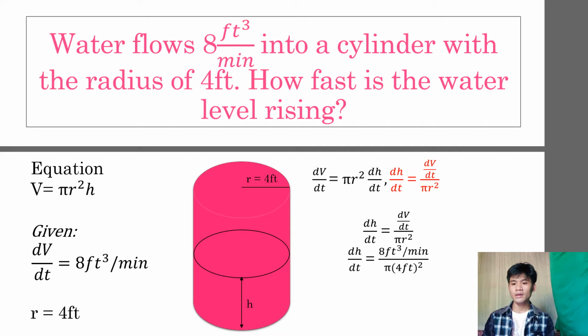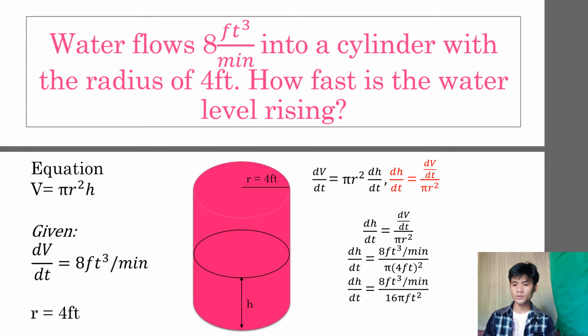So just plug in those values. We have dh with respect to time equal to 8 cubic feet per minute all over pi times the quantity 4 feet squared. If we simplify that, we come up with the derivative of h with respect to time equal to 8 cubic feet per minute all over 16 pi feet squared.